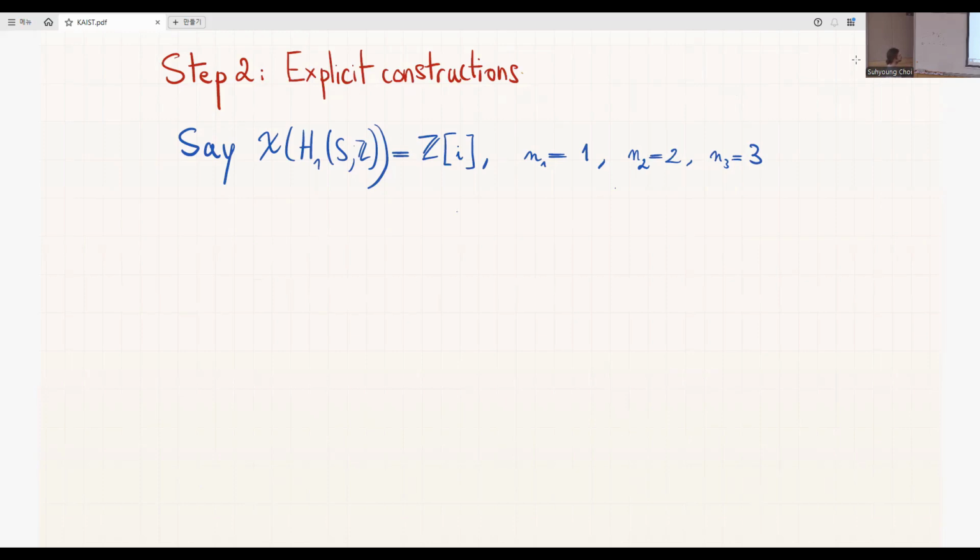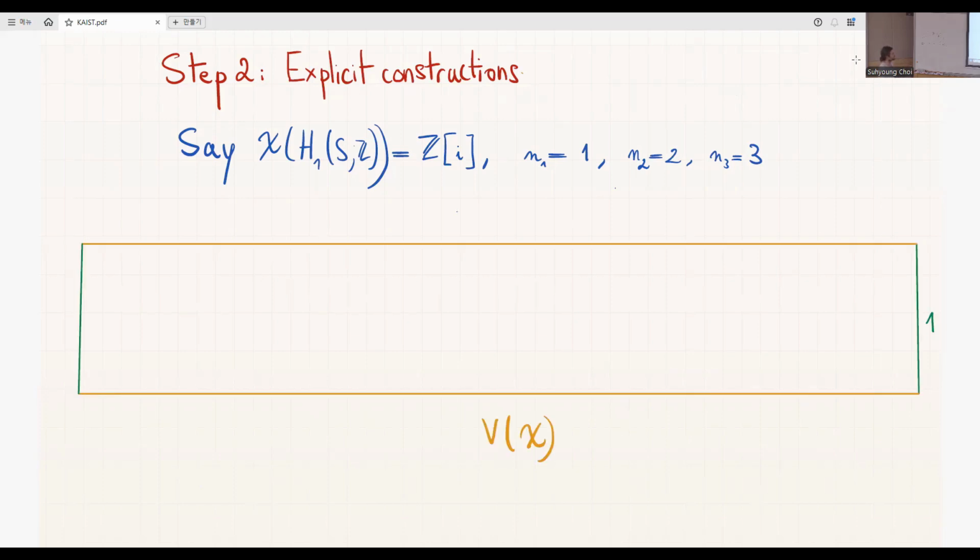What you can do is the following. You can first create a torus like that. And here I put V of chi, so it has the volume that I want, 1 times V of chi. But it has no branch point.